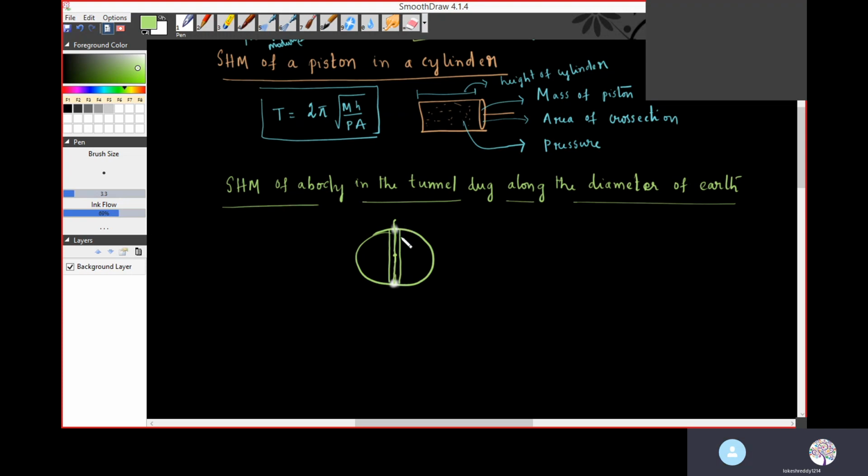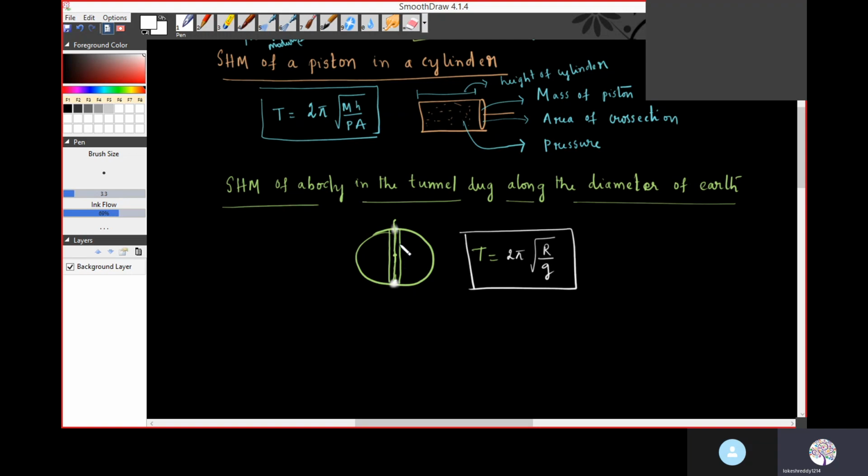It will keep on oscillating about the mean position, and the time period T is equal to 2 pi root of R by g. When it reaches this end, the earth will be pulling it inward, so it will come back.